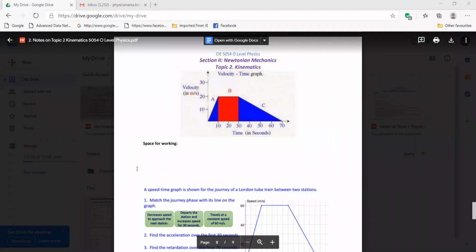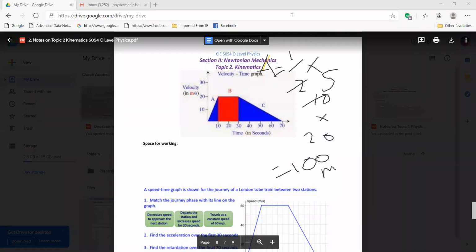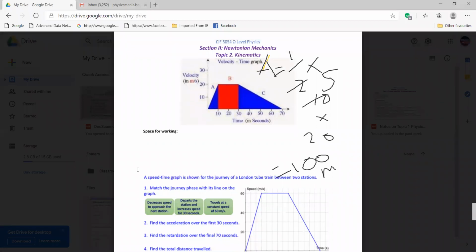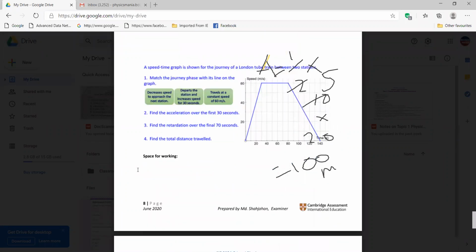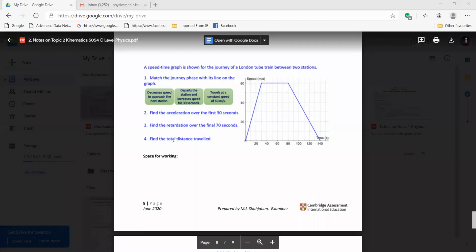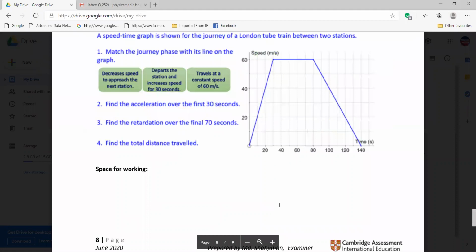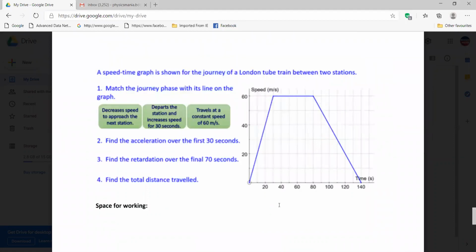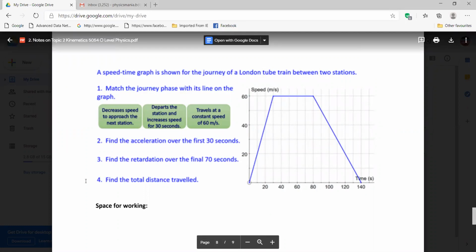This part, can you do? Yes. Continue, please.